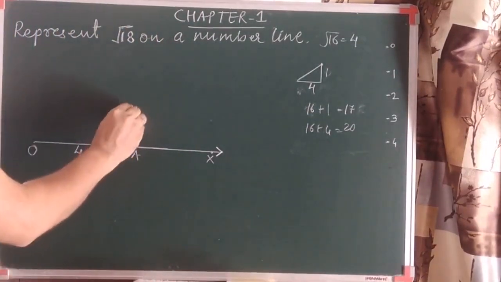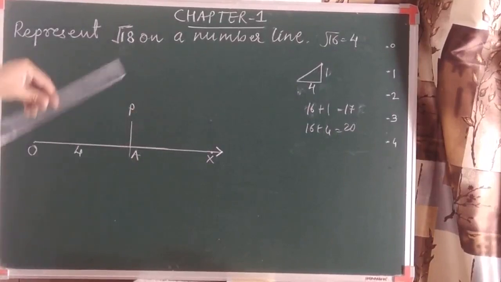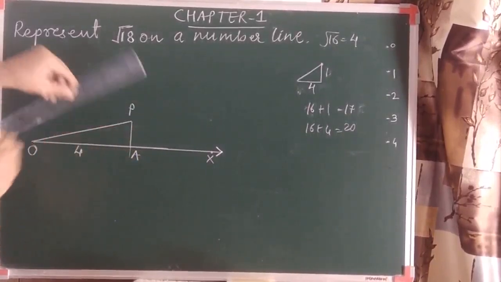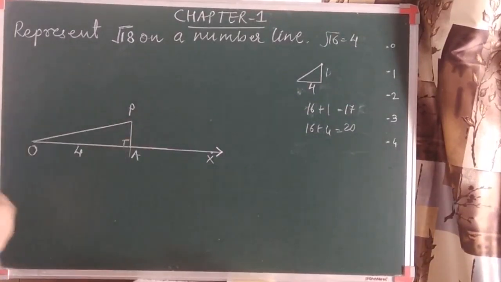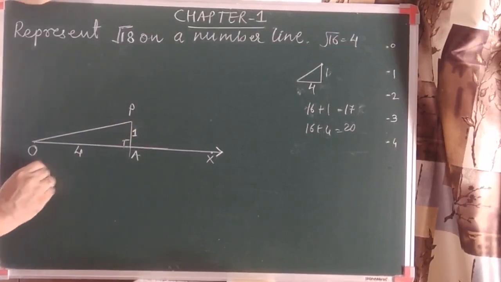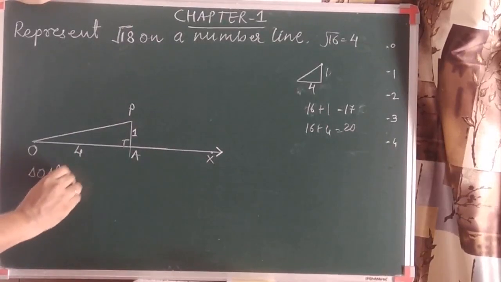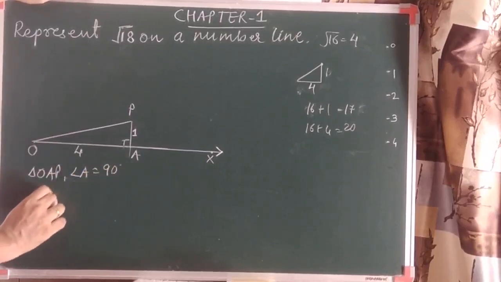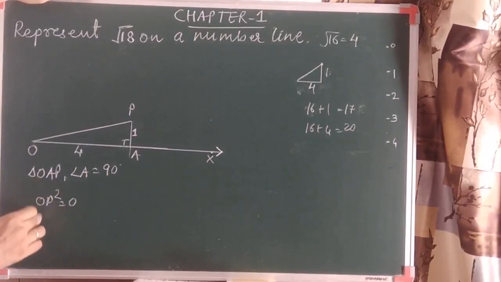I have taken 1 unit, point P. Let me join this. Now this is a perpendicular, this is 1 unit. So let's use the Pythagoras theorem. In triangle OAP, angle A is a right angle, and the hypotenuse is OP.